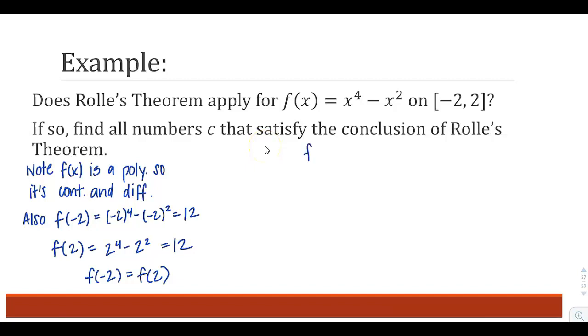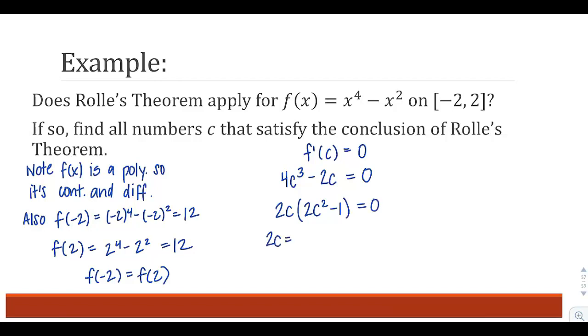Now we solve for when f prime of c equals 0. The derivative is 4x cubed minus 2x, so I'll replace the x's with c's. 4c cubed minus 2c is equal to 0. I'll factor out a 2c, and I have 2c times the quantity 2c squared minus 1 equals 0.